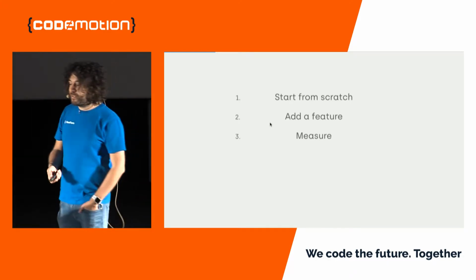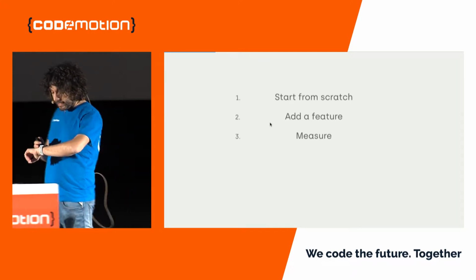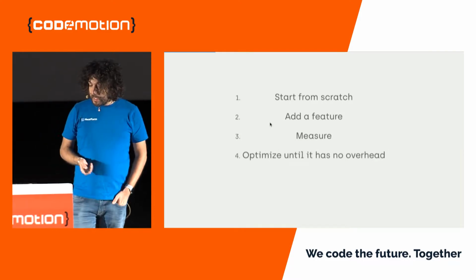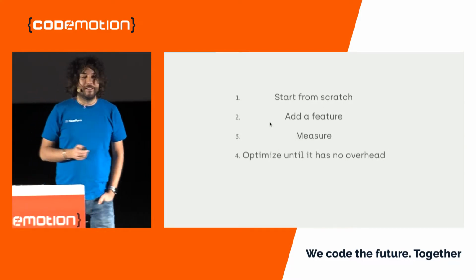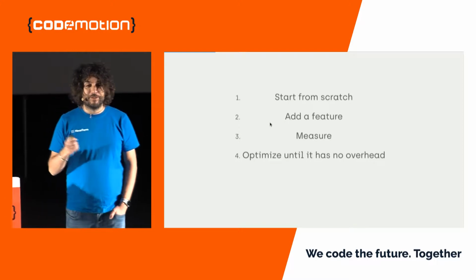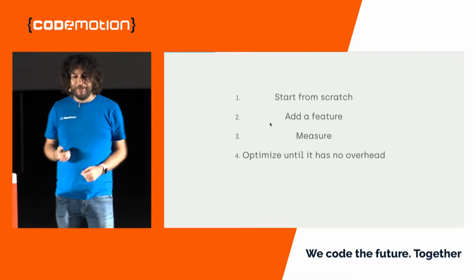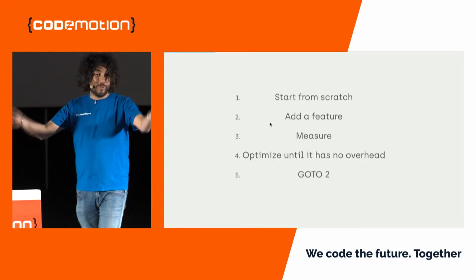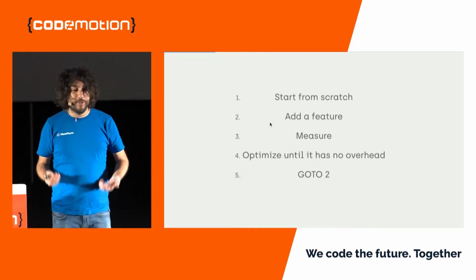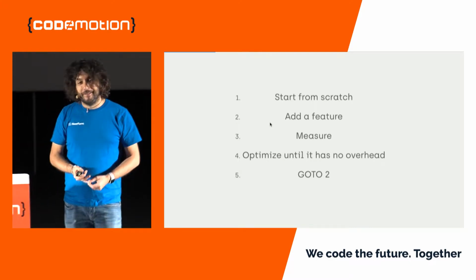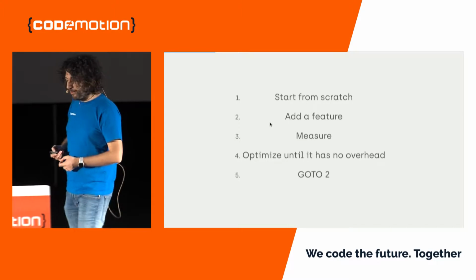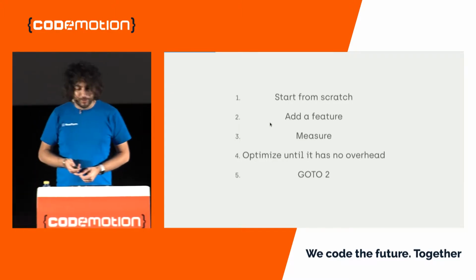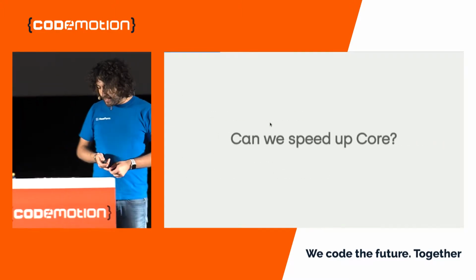And after you have measured that feature, you optimize until there is no overhead anymore, so that it doesn't impact your benchmarks. And then you go to 1, you go to 2, and you add one more feature. And fast forward 2 years, you get a web framework, okay? So possibly don't try this at home. It took way longer than expected.